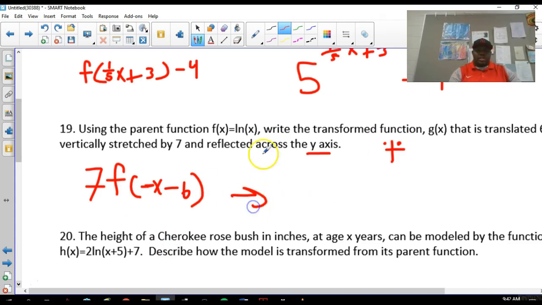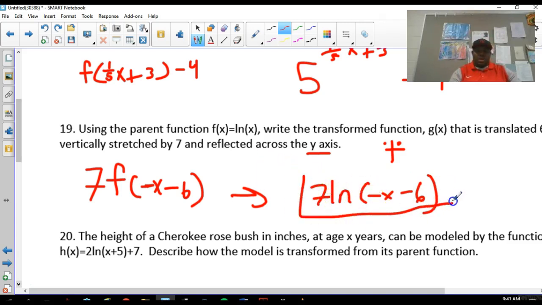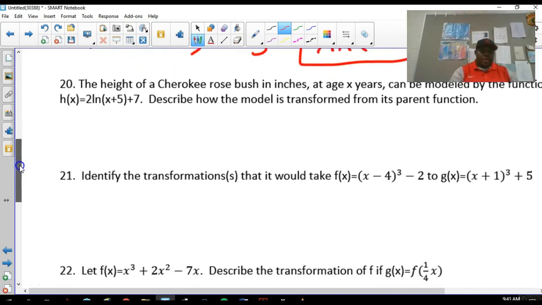So when you look at the function ln of x, we're going to apply this in the parentheses: reflect across the y-axis, and then move right 6, and then we need to stretch it by 7, vertical stretch by 7. All right, because here is our function, okay? Give yourself a bell.